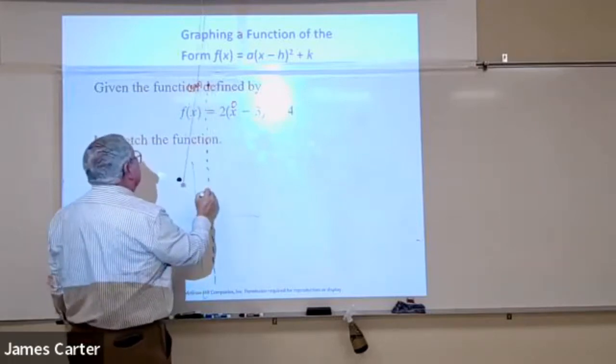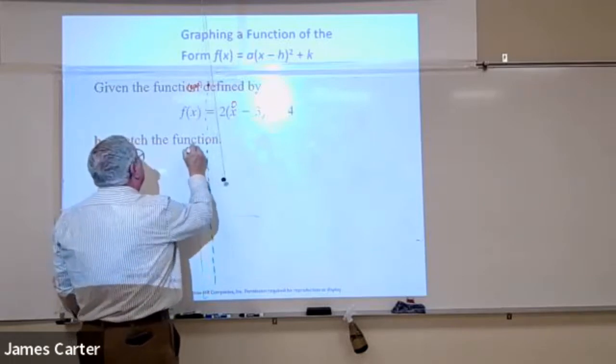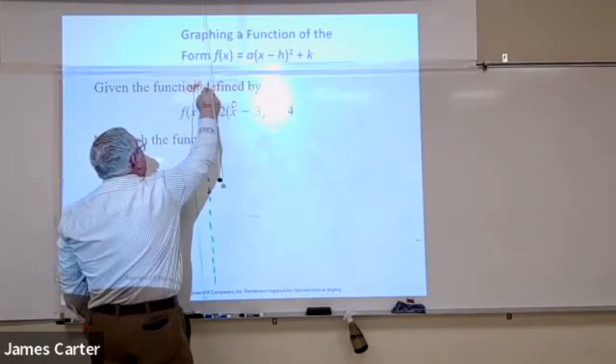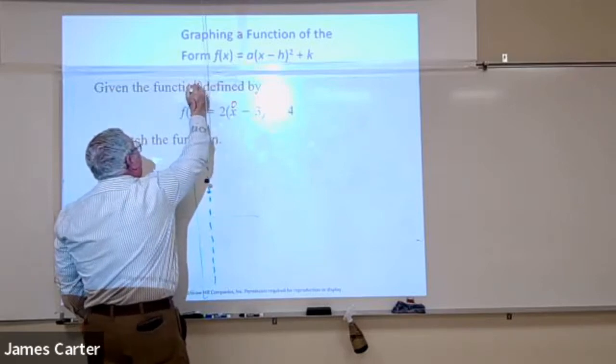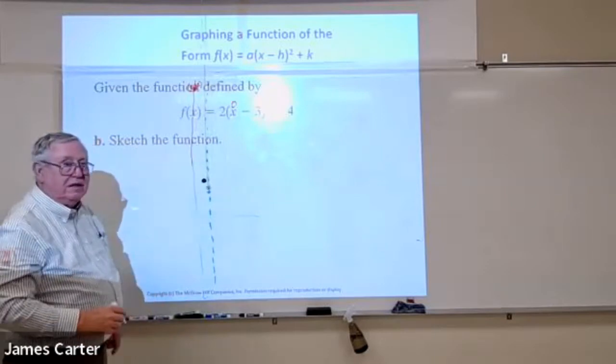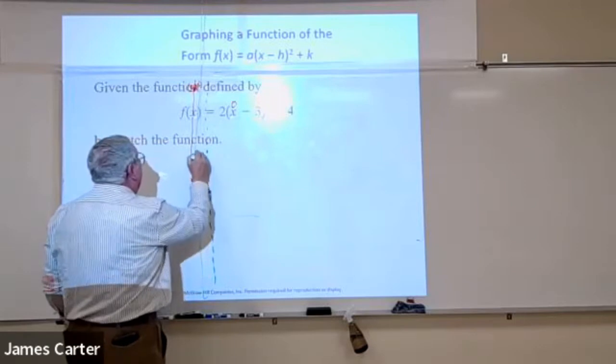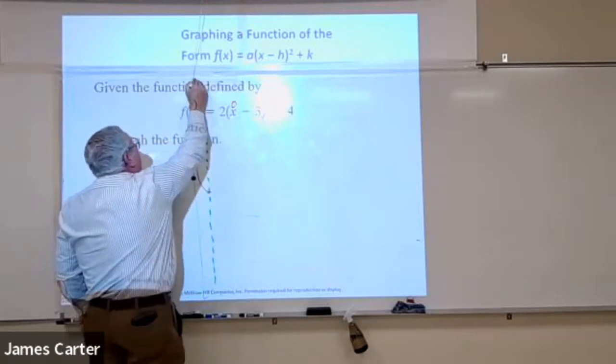So that means this thing goes from here. Oh, I graphed this wrong. This goes over here on the y-axis, not on my symmetry line. So that means this thing has to curve like that.